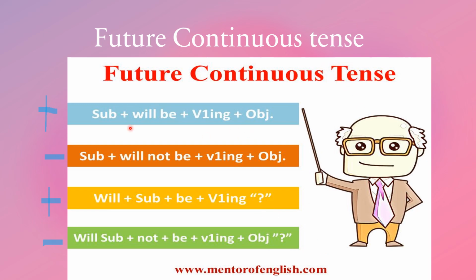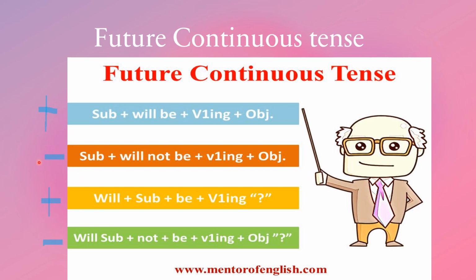So I'm going to do a few examples for you just so you understand how you should use these structures. Okay, so for positive sentence, let's say I will be visit, because that's my verb in first form, and then add ing, so I will be visiting my house this weekend, so object, right?